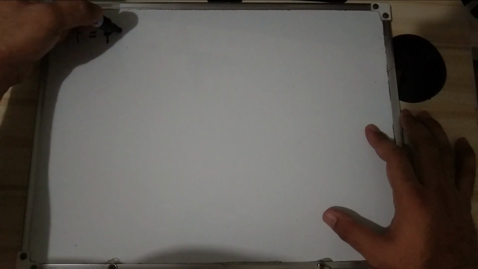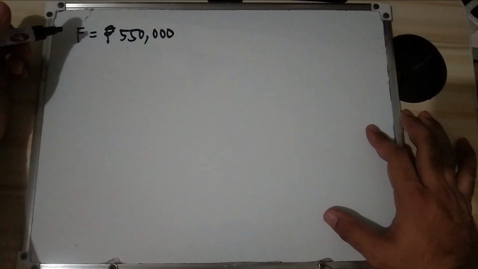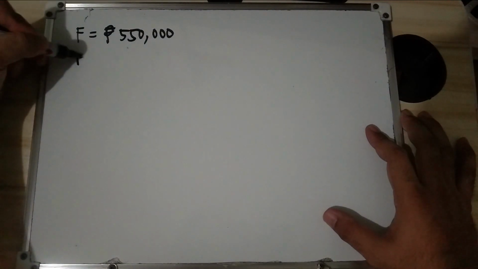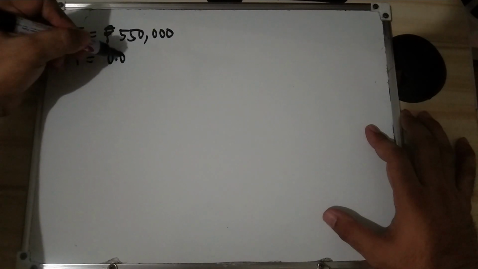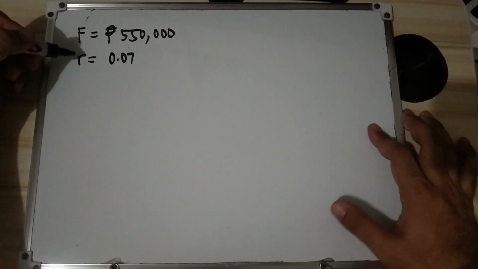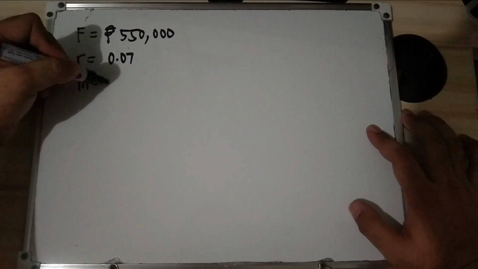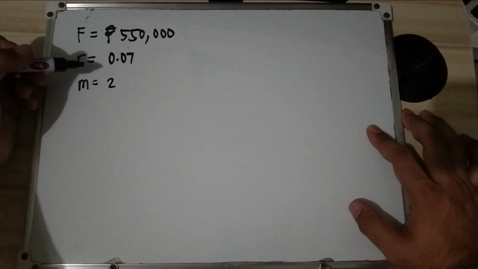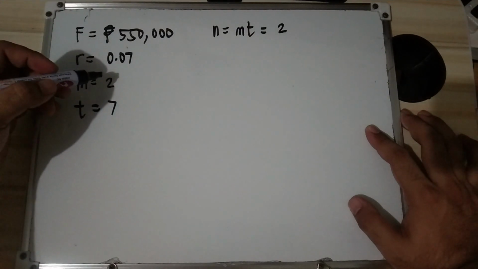Yung given doon, maturity value F is equal to 550,000 pesos. Then, yung R is 7% or 0.07. Yung M is 2. Sinabi, compounded semi-annually. Yung T natin is 7 years.